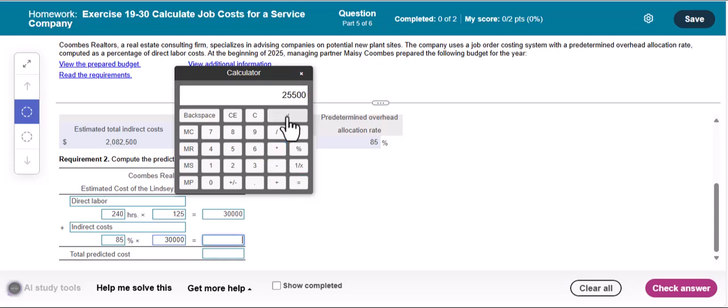So we'll go ahead and input that 30,000 there and input our answer. And why are we using that $30,000 cost again to determine this? It's because, remember up here, it says predetermined overhead allocation rate computed as a percentage of direct labor costs, which is again that 30,000. And again, that keyword here is costs, not hours.